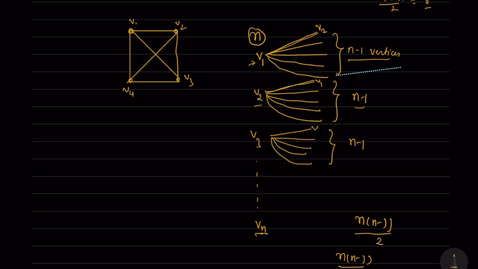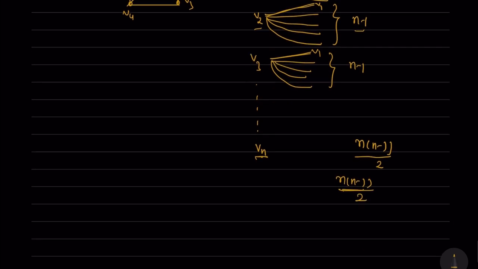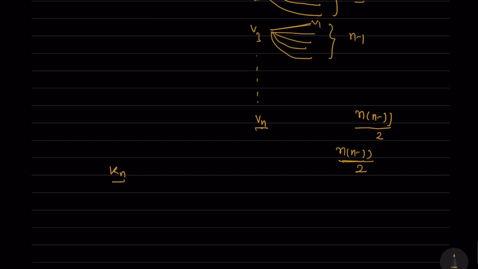The same holds for v1 and v3, so we divide by 2. Hence in a complete graph Kn with n vertices, the total number of edges will be nC2, which is equal to n into n minus 1 by 2.